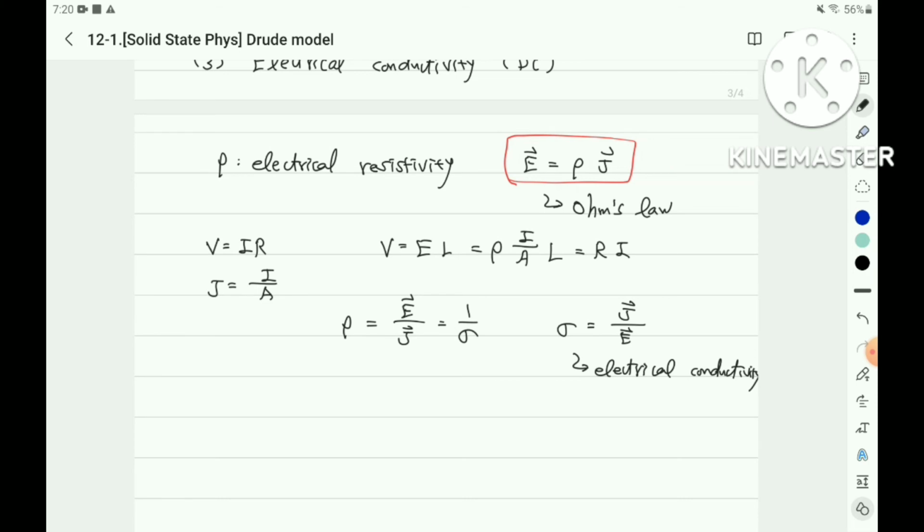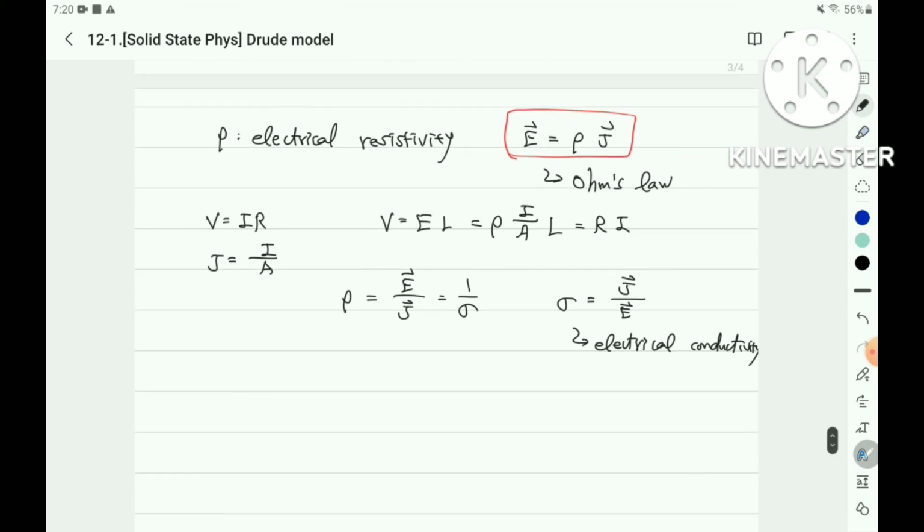And here, we know that J is minus nev, and v is the average velocity.